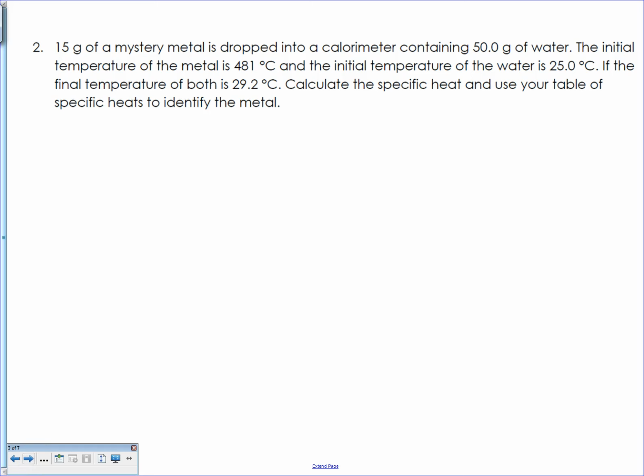Problem number 2, this one here is also looking for C for the metal. So it's pretty much exactly the same process. We have negative MC delta T for the metal equals MC delta T for the water. In this case, our mass is 15 grams of the metal.